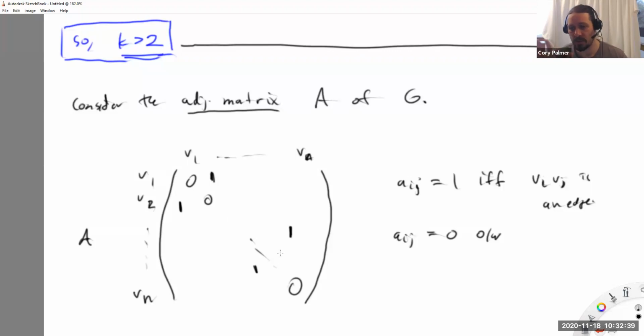Notice, this isn't important for today's proof, that this matrix can easily encode multigraphs because multigraphs allow loops. Then that's like, oh, you can have ones on the diagonals. It can also encode multi-edges because then instead of putting a 1 here for them being adjacent, I'd put a 5 if there's 5 edges between the two of them. It can even encode directed graphs because then it wouldn't be symmetric anymore. It'd be like, oh, arc v1, v3 exists, but v3, v1 doesn't exist.